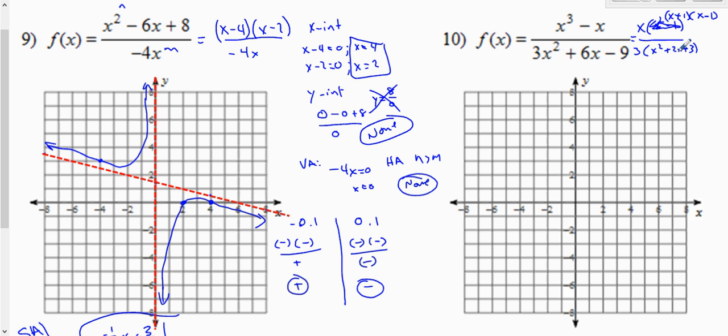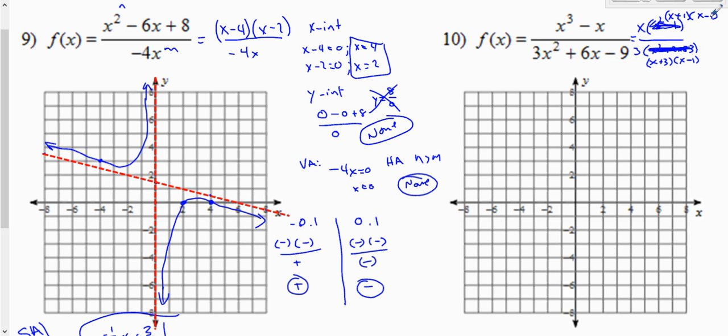And x squared plus 2x plus 3 is x plus 3 and x minus 1. This should be plus 3. Okay, so that cancels that out because I rewrote it as factors.